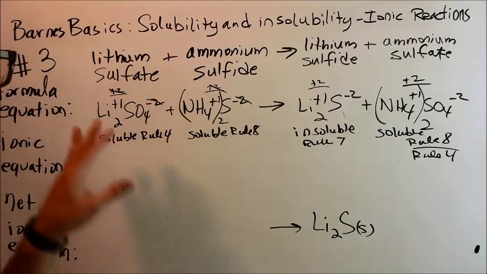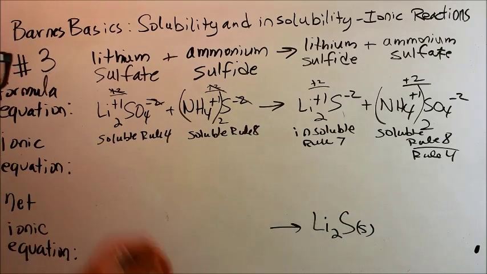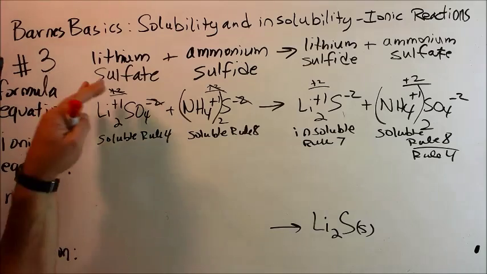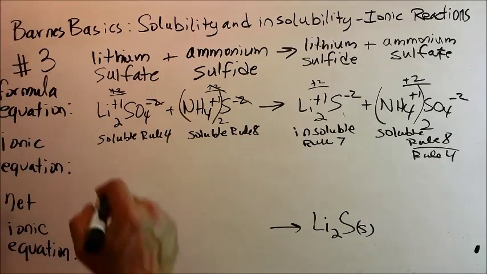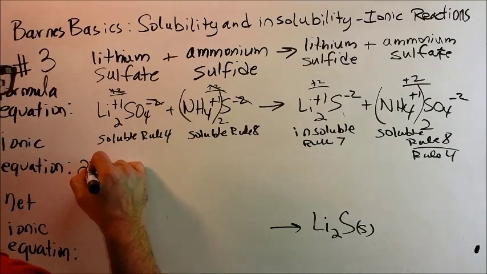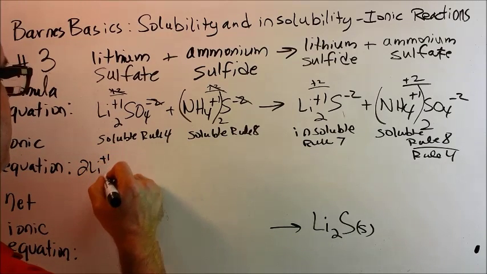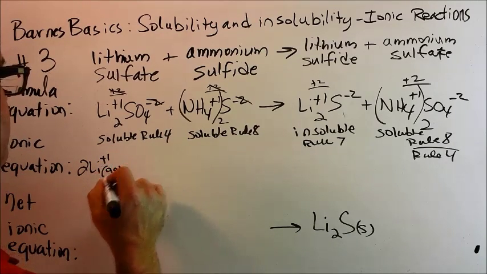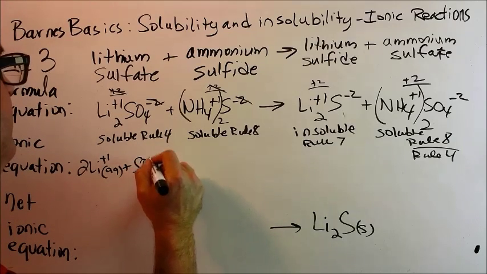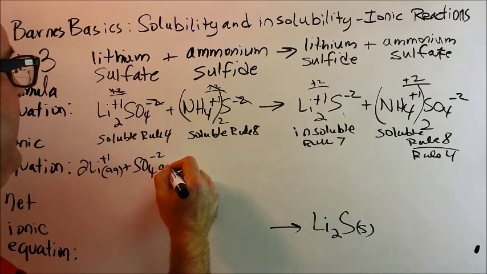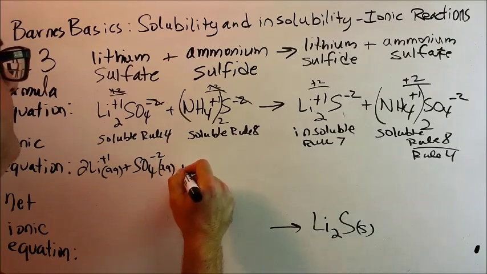But the next thing I want to do is write the ionic equation before I write the net ionic equation. And I'm just going to drop down these ions and the numbers of them. So we're going to have 2 lithium ions in aqueous solution. We're going to have 1 sulfate ion in aqueous solution.